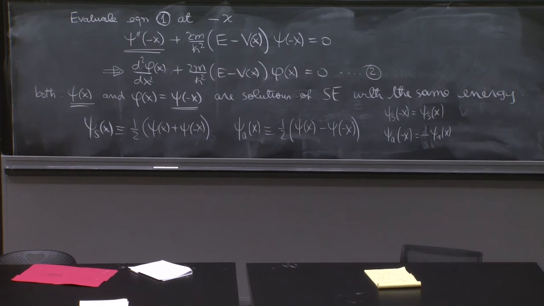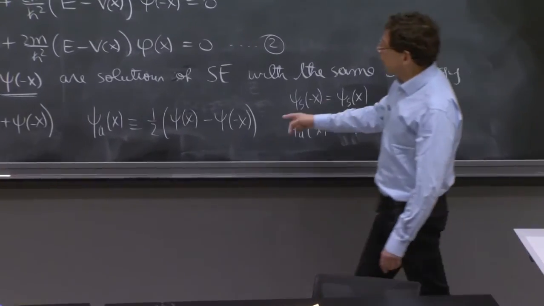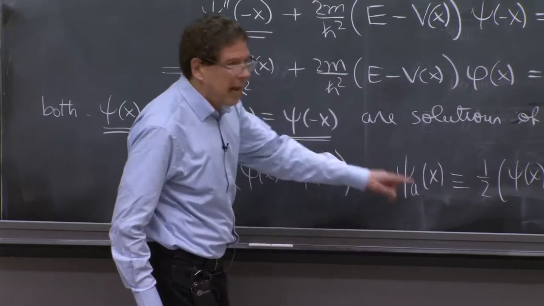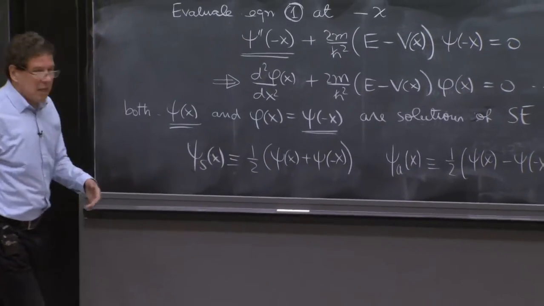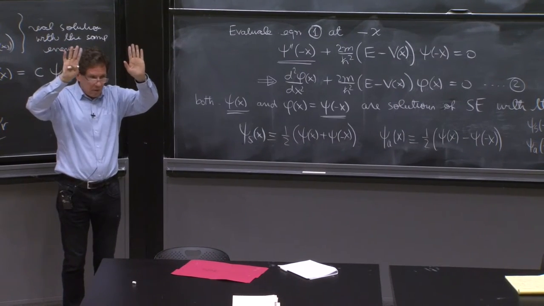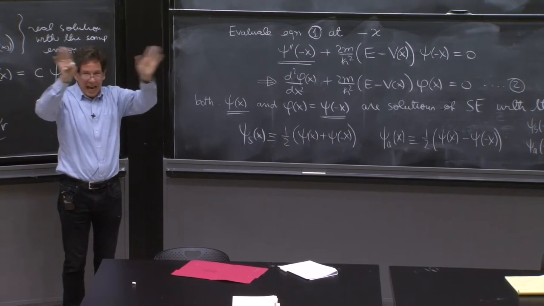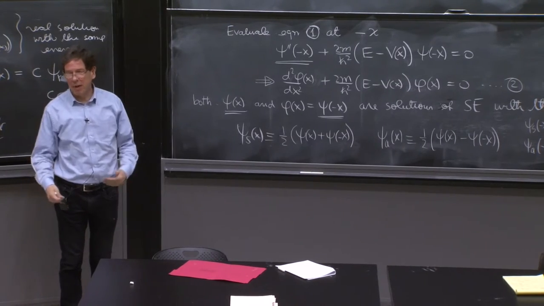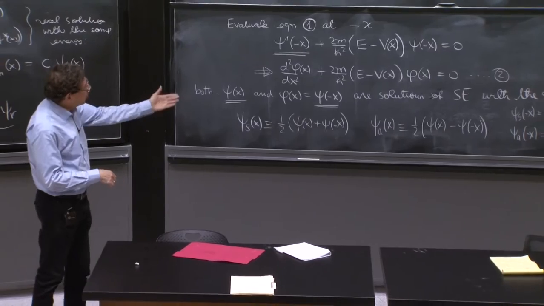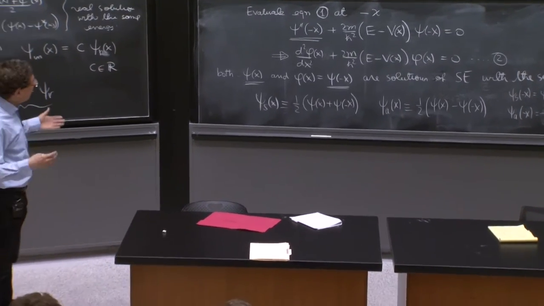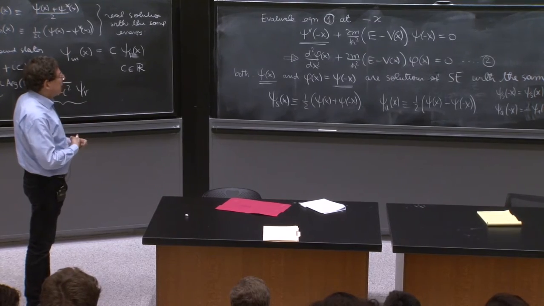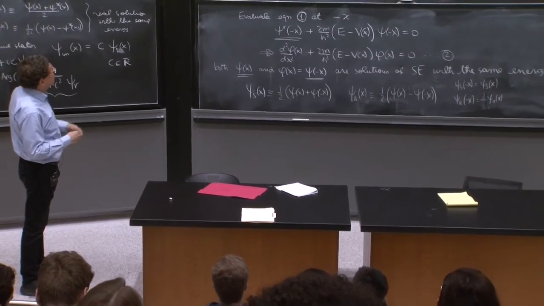And these two are solutions with the same energy, psi s and psi a. Remember that key fact: if you have two solutions of the Schrödinger equation with the same energy, any linear combination of them is a solution with the same energy. So we form two linear combinations, and they have the same energy, and therefore the theorem has been proven.